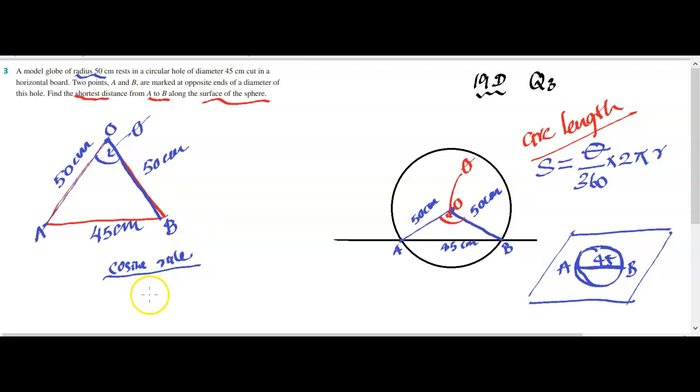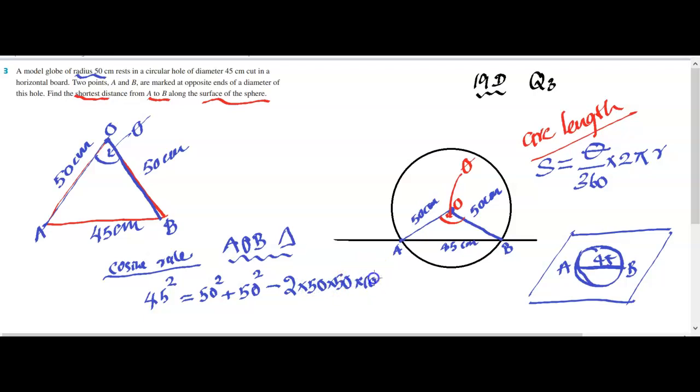So 45 squared is equal to 50 squared plus 50 squared, using this triangle AOB, take away 2 times 50 times 50 times cos theta.